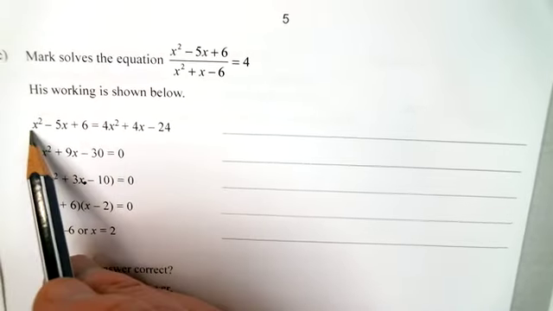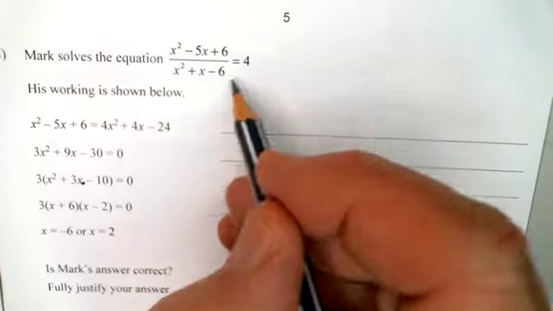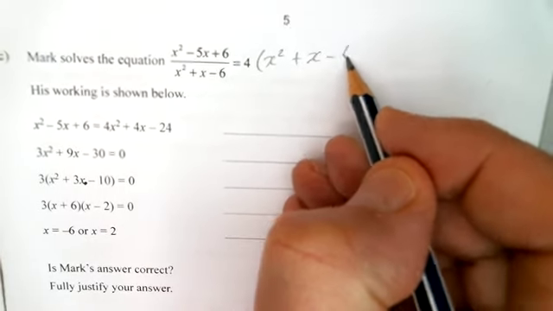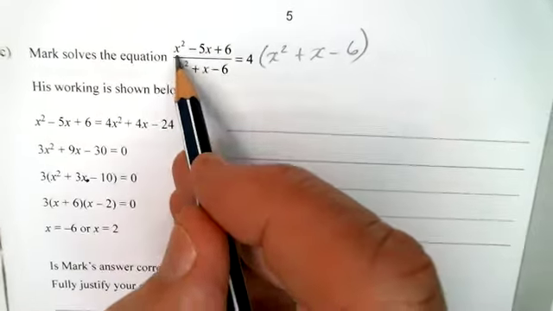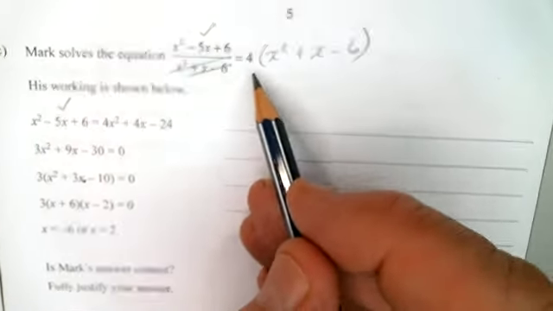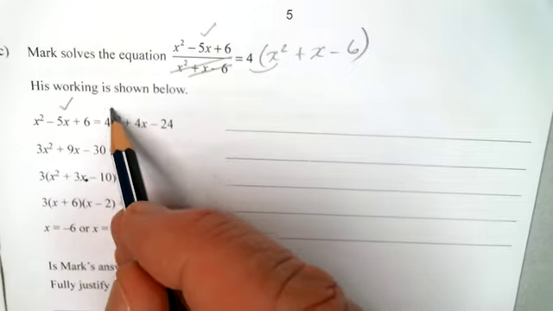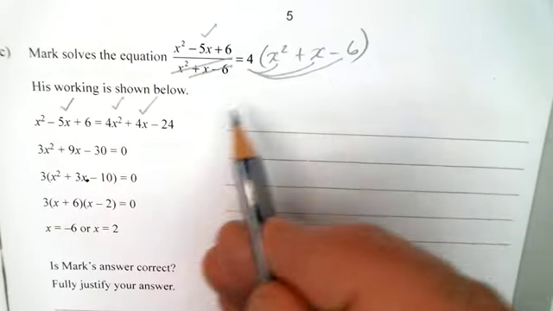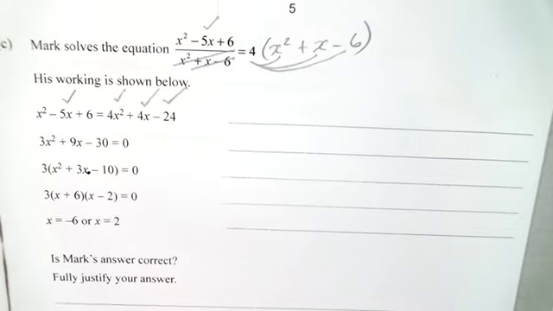So what he's done is he multiplied both sides by x squared plus x minus 6. So he's got the first bit here, this bit here is the same, this bit here is now cancelled, and he's got 4 lots of x squared, which is 4x squared, 4 lots of x, which is 4x, and 4 lots of negative 6, which is negative 24.